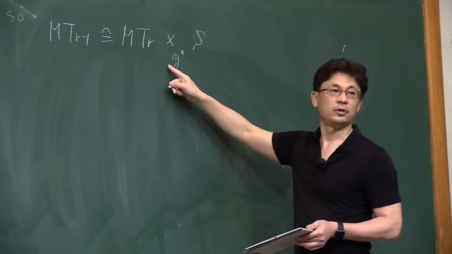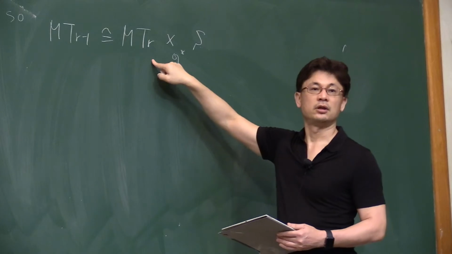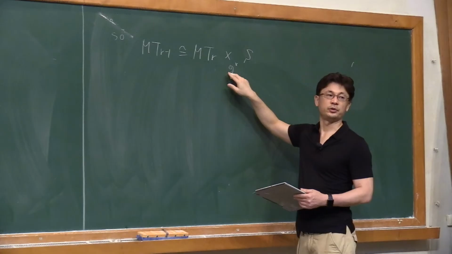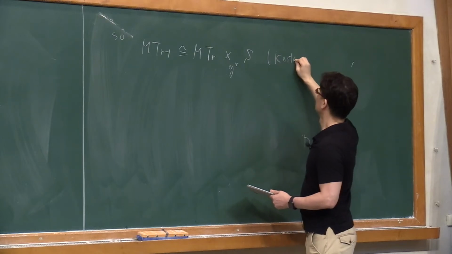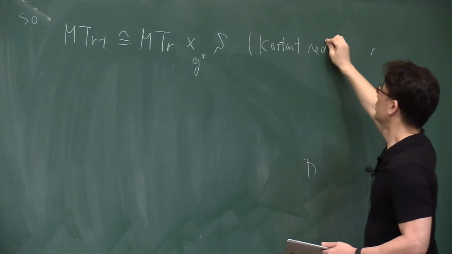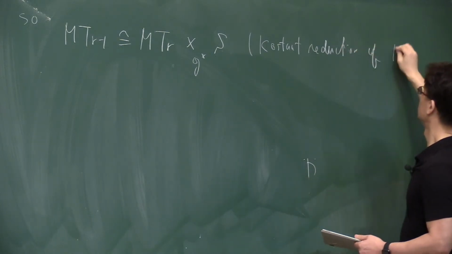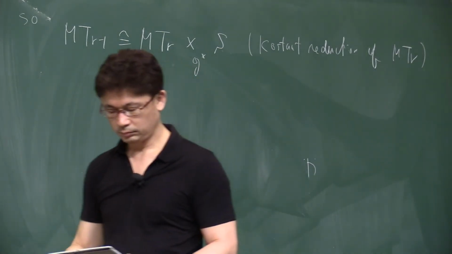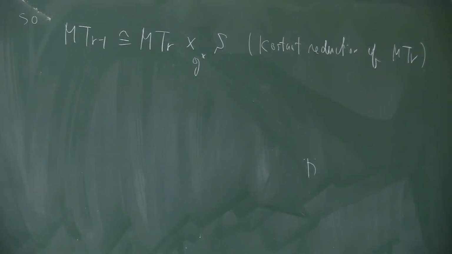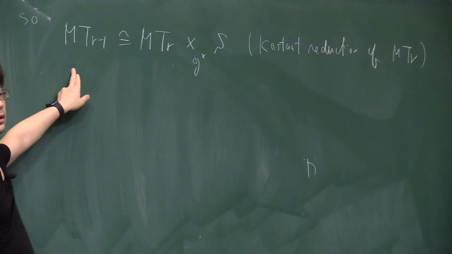And this kind of operation, where we did Hamiltonian reduction, is a special case of Hamiltonian reduction called Kostant reduction. So if you do Kostant reduction, you decrease the number of punctures by 1.